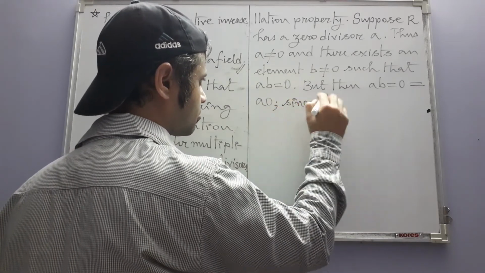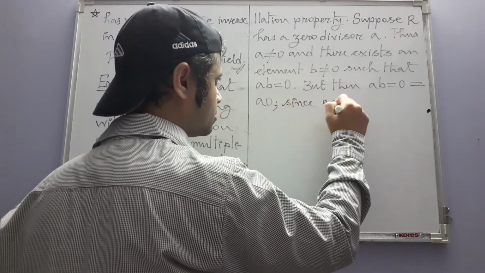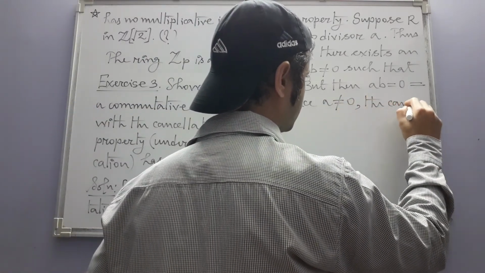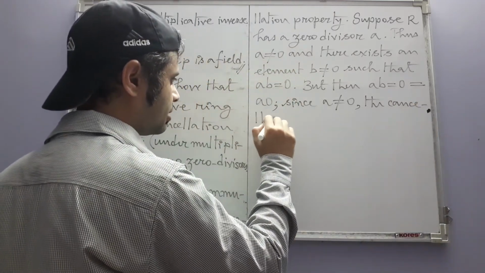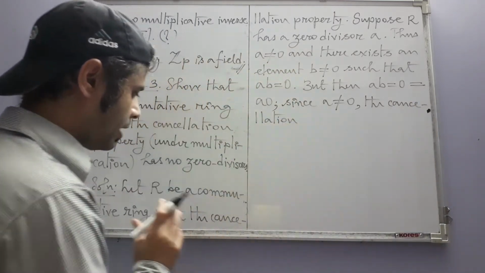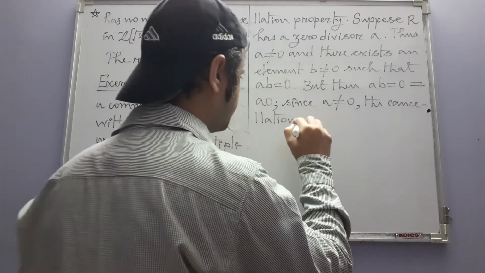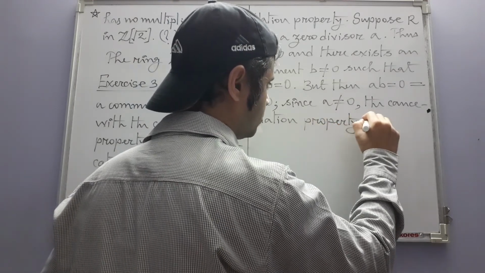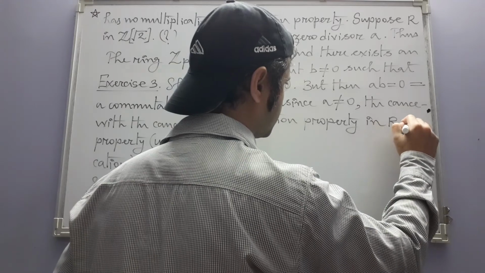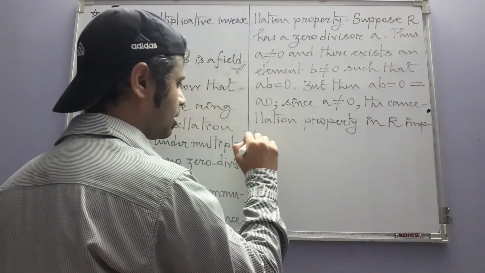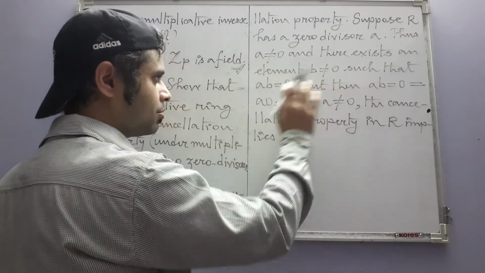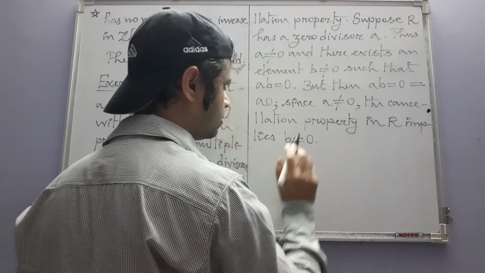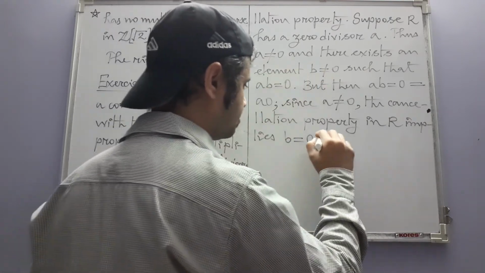Since A is not equal to 0, the cancellation property which we have assumed is there in R implies that we can cancel A from both sides of this equation, obtaining B equal to 0, and this is a direct contradiction.